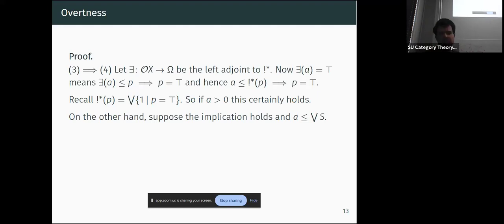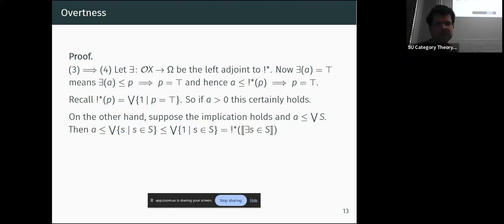So suppose A is smaller than some join of S. What we can do is replace every element of S with 1. Then A certainly is smaller than the join of 1 such that S is an S. But this join of 1 such that S is an S is essentially shriek star applied to the truth value of S being inhabited, right? Because if S has multiple elements, that's the same as just having one element if they're all the same and we're taking the join.